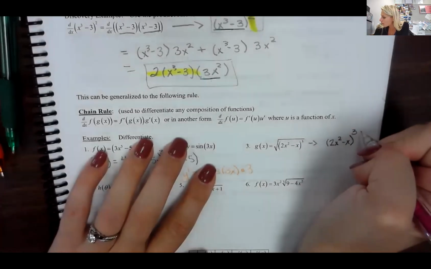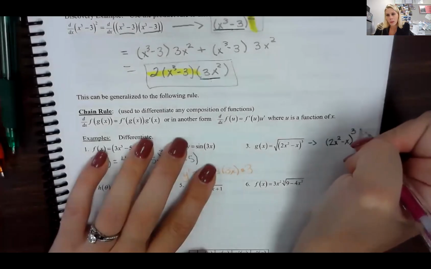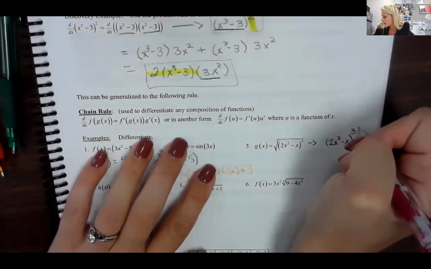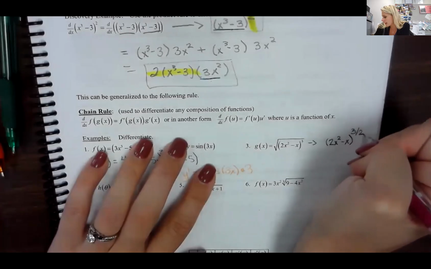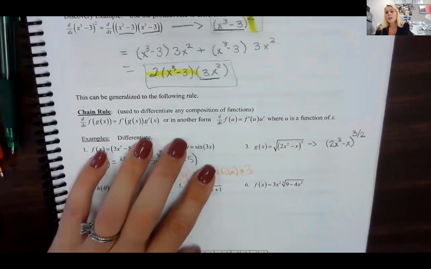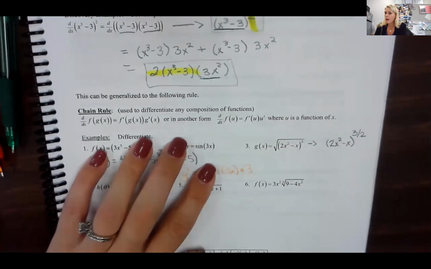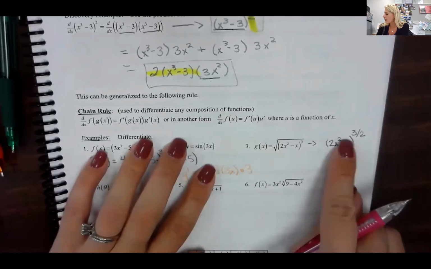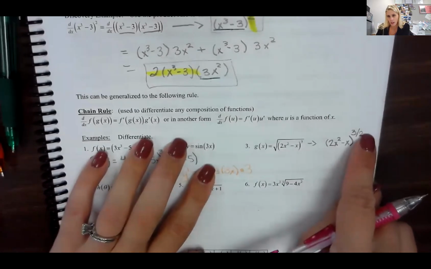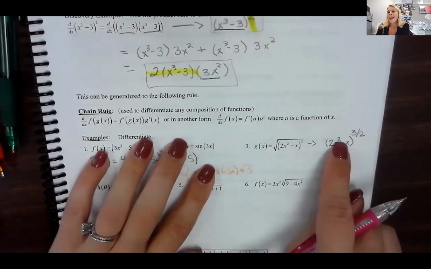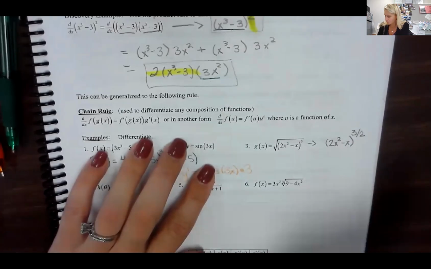Well, if you remember, when we have an exponent to an exponent, we multiply. So 3 times 1/2 is 3/2. So now when I look at it, I no longer have 3 functions. I have a 3/2 power function, and I have that inside function.